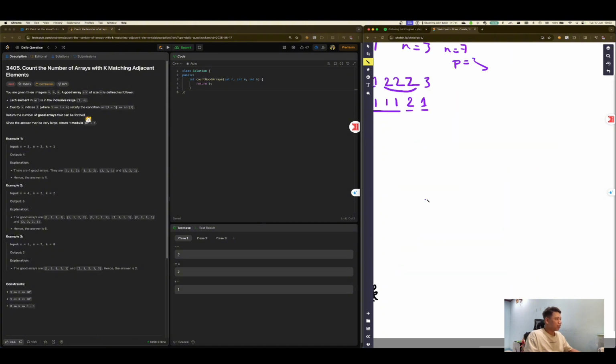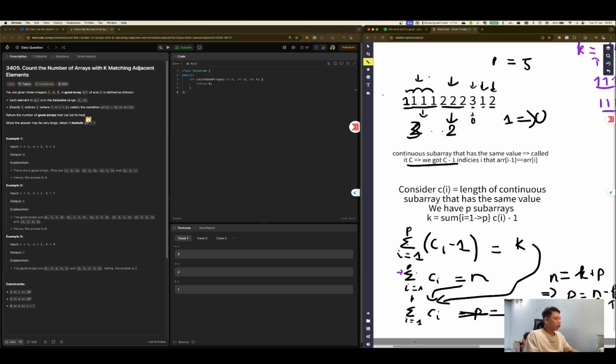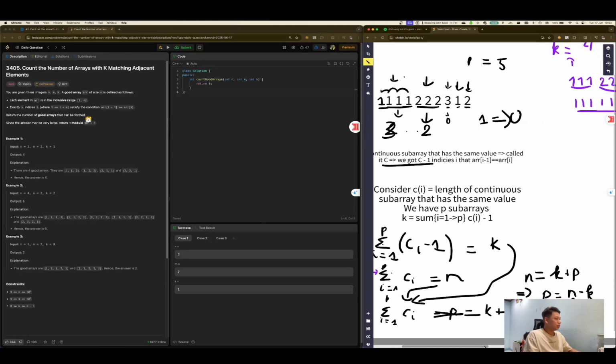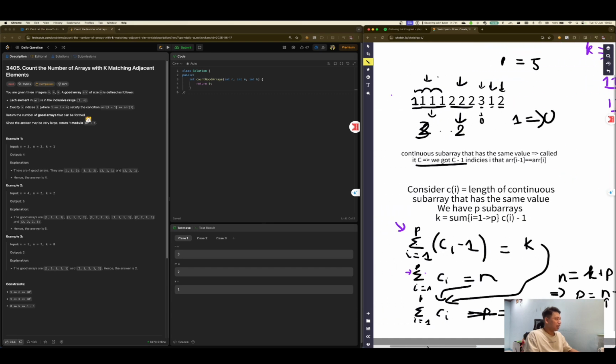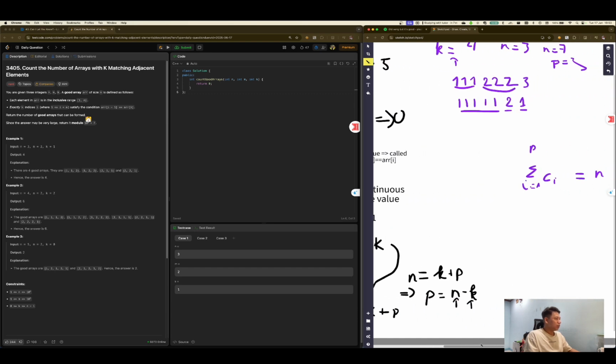I will write this. Sum of ci equals n, right? We need to do this, and the sum from 1 to p equals n minus b. Sorry.